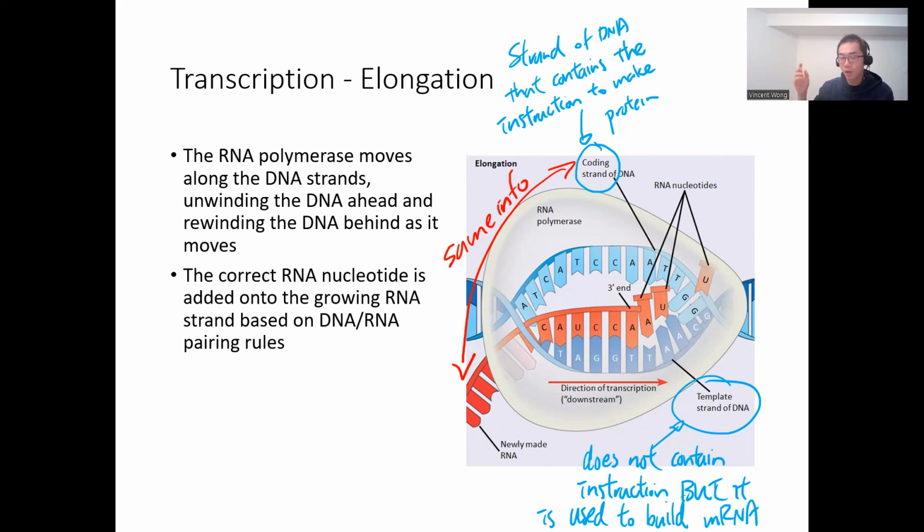The enzyme cannot copy exactly as is. The enzyme only works by using base pairing rule. That's why I need to use the other strand, the non-coding strand, the template strand. And when I use the template strand to build my RNA, I end up having a strand that contains the same information as the coding. I'm going to pause there for a second and just let you think about that. And again, if you have questions, please ask.